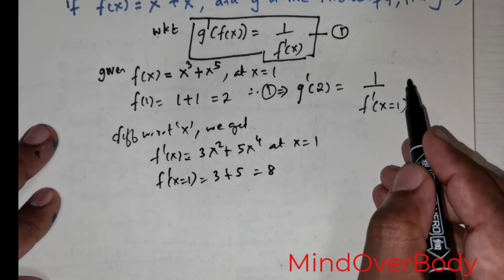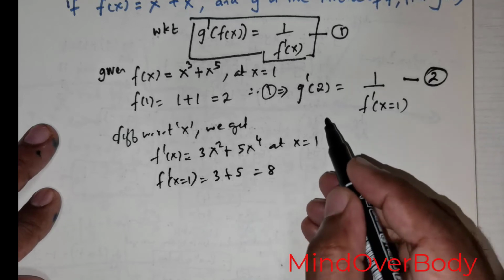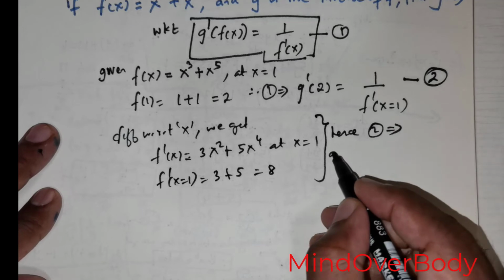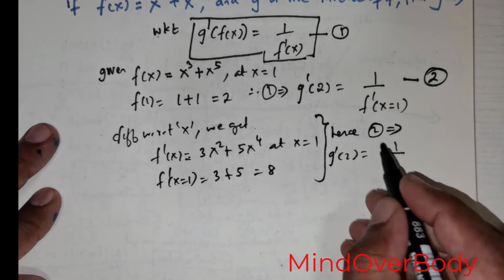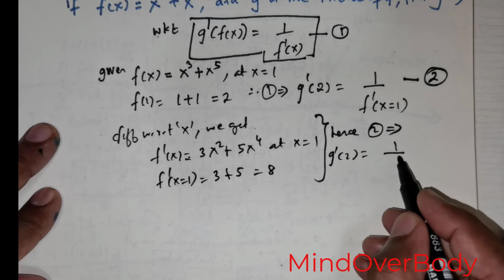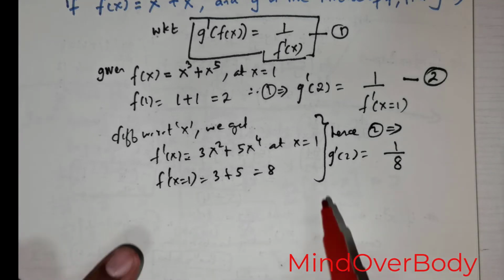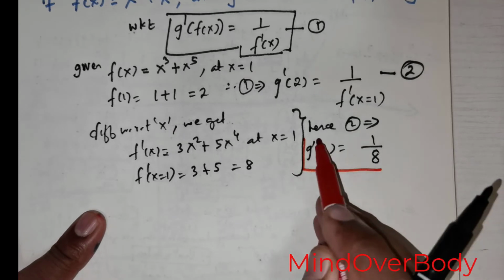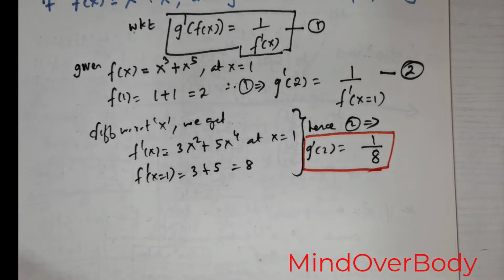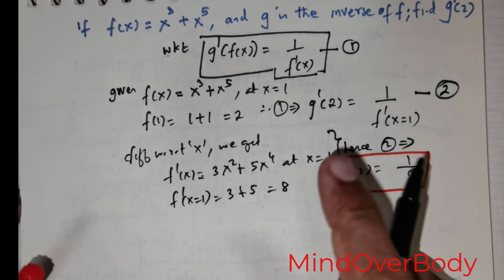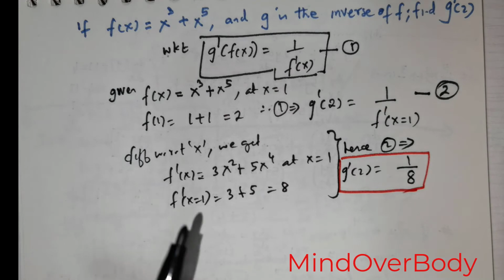So if I take this as 2, hence g dash of 2 is equal to 1 over f dash at x is equal to 1, which is equal to 1 over 8. So this is a good place for us to draw the red line. Now we were able to get this value mainly because of this all important formula which we have achieved. So we will move on to the next question.